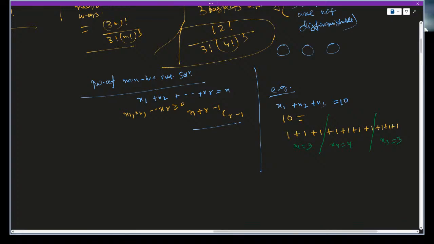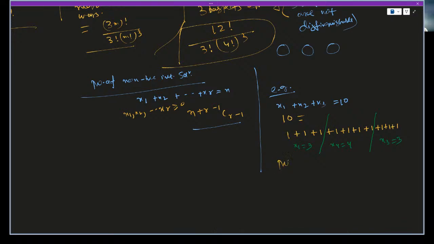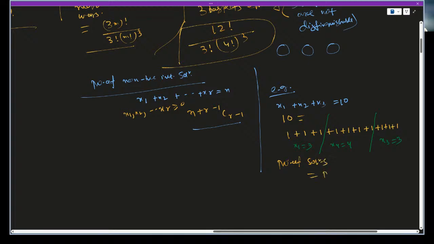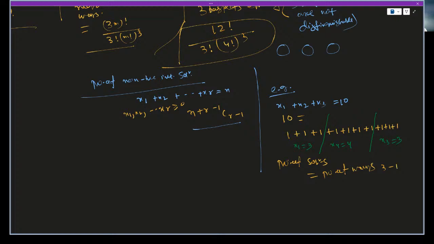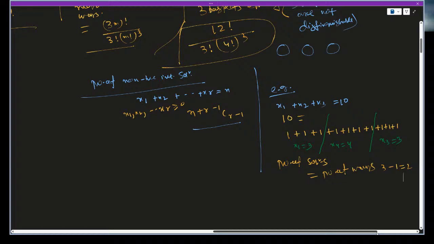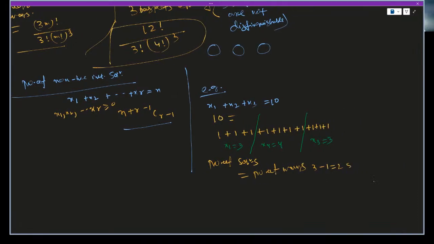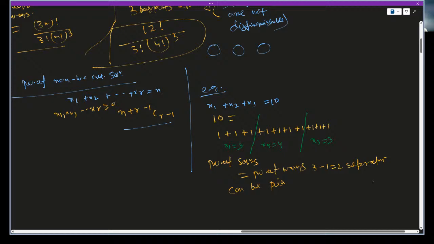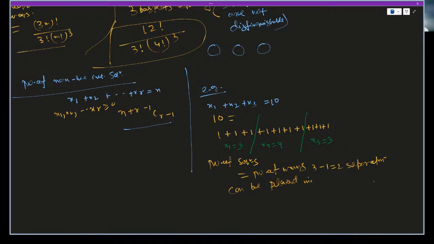So, the number of solutions is going to be equal to the number of ways 3 minus 1, that is 2 separators, can be placed in, how many gaps are there?